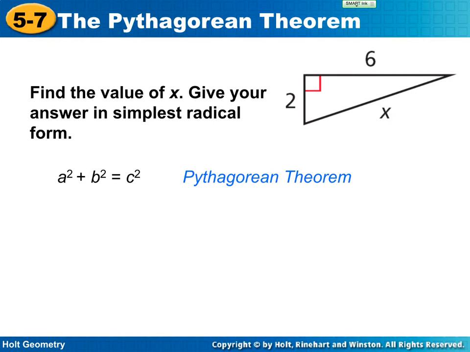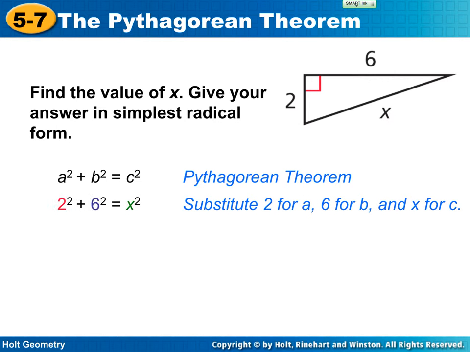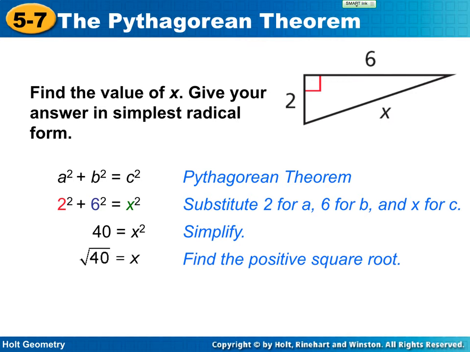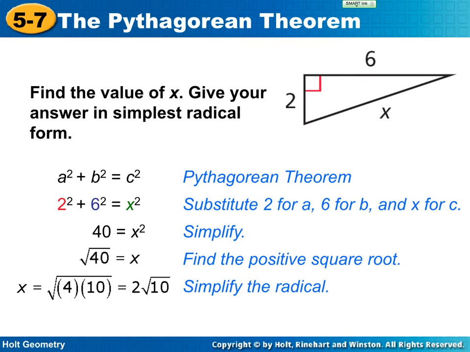We got 6 squared plus 2 squared, I think that came out 40. We have to take the square root. And factoring it down, we got a pair of 2's, and then a 2 and a 5 stayed. So 2 times the square root of 10.